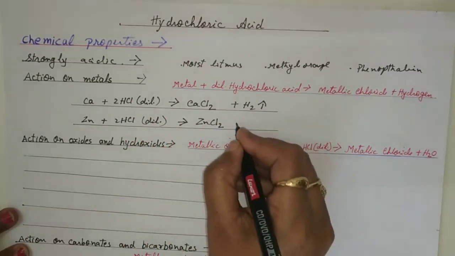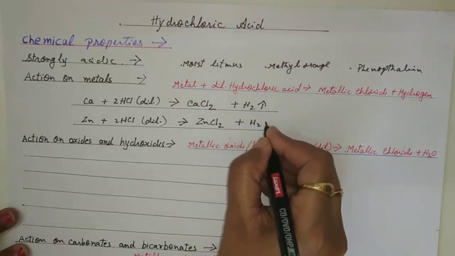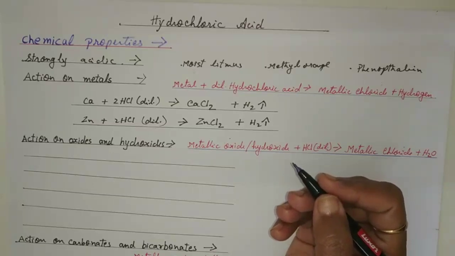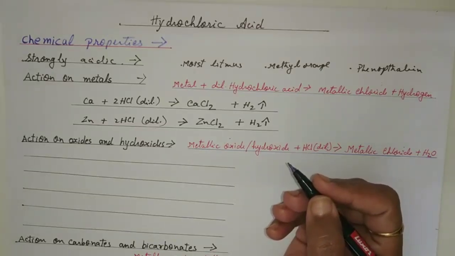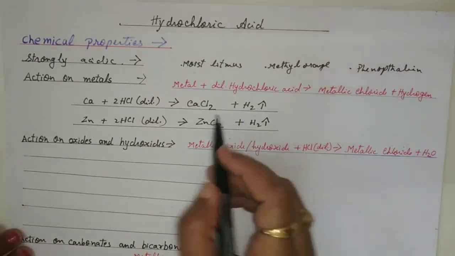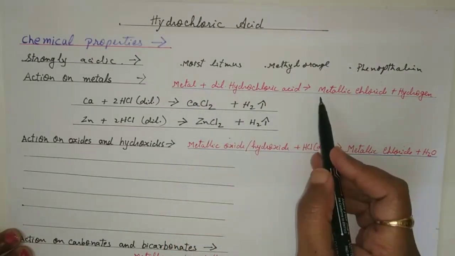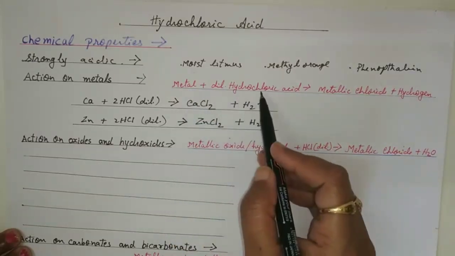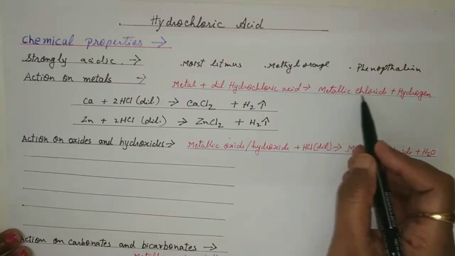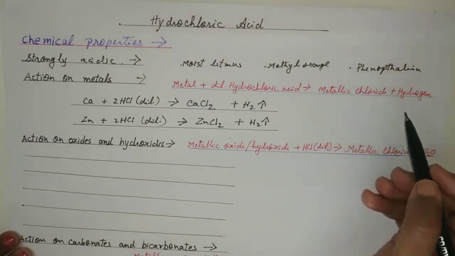Here it is zinc, so zinc chloride plus hydrogen gas. Now writing of the equation becomes easy for you to remember when you remember the mechanism as I've written it here and with red. Metal, dilute hydrochloric acid gives the salt and hydrogen. Here with salt, metallic chloride salt.